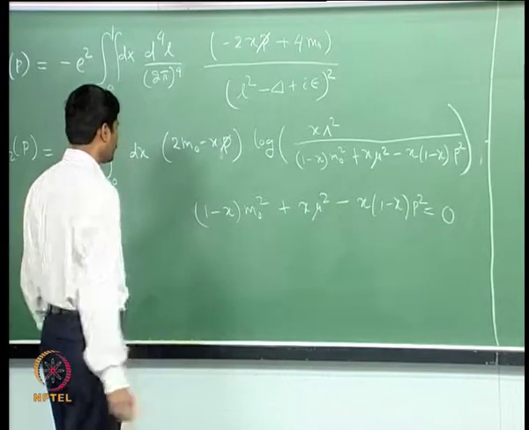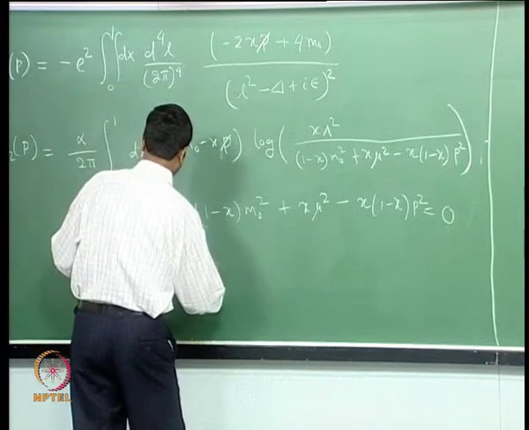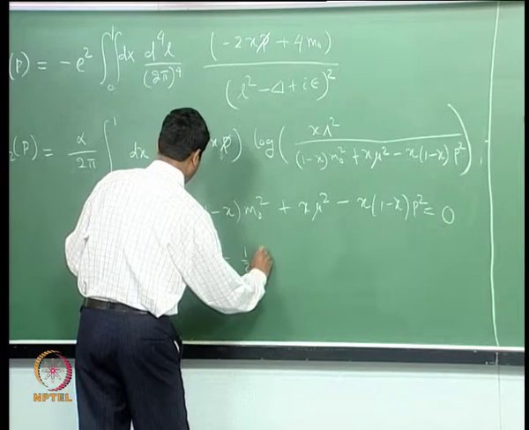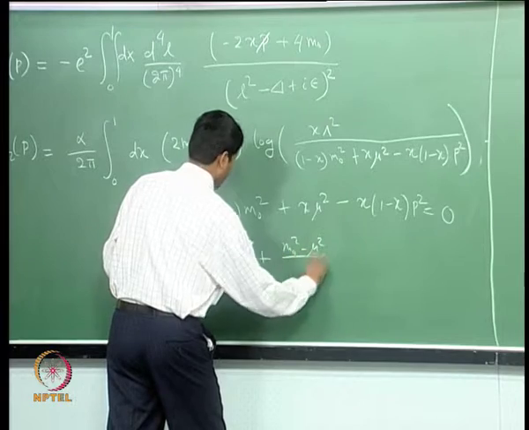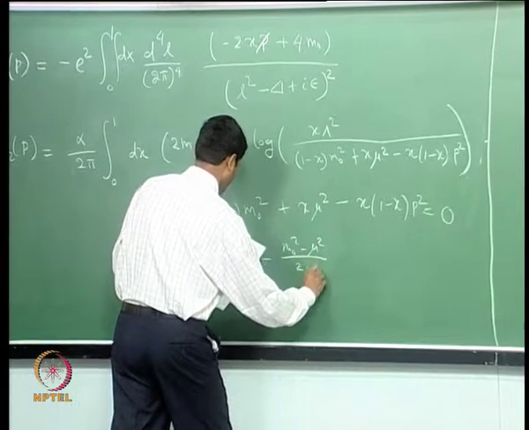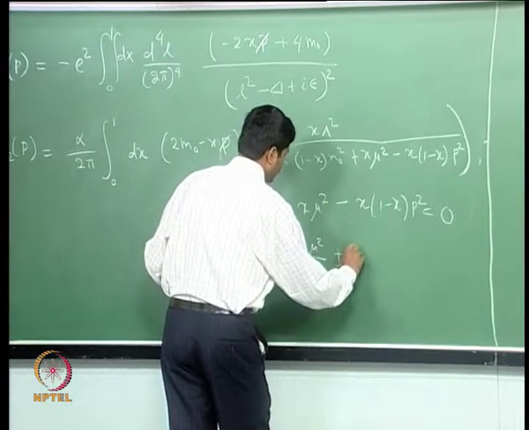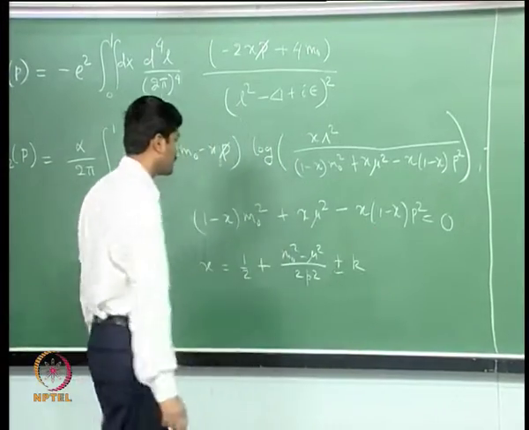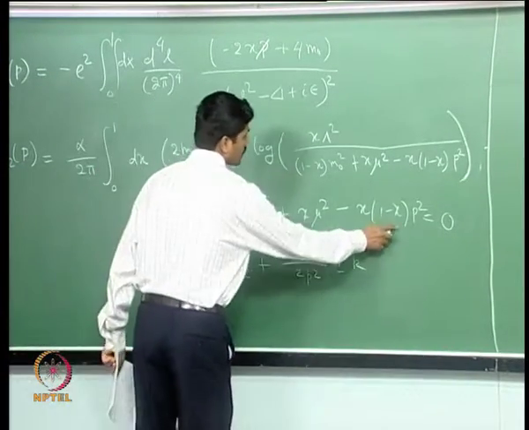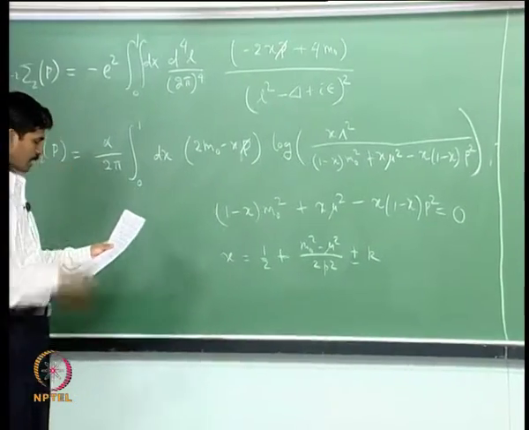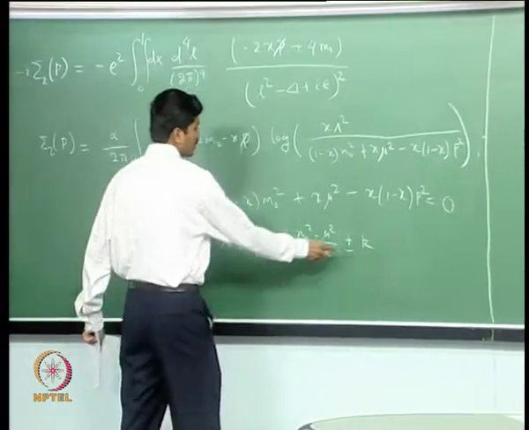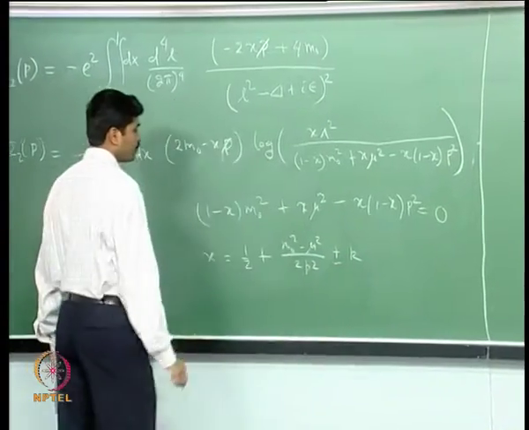It will be given by x equal to half plus m 0 square minus mu square divided by 2 p square, plus or minus k. I will not define this k here, but you can get it by solving this equation, and this k is precisely the momentum.